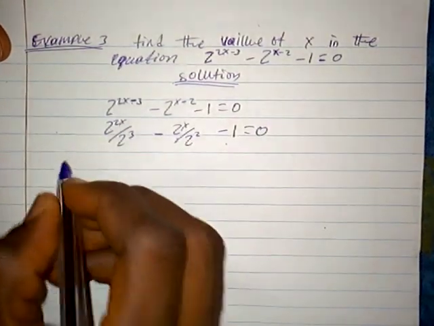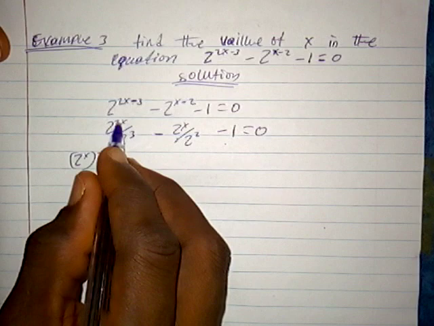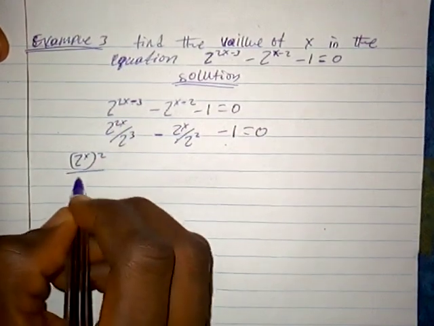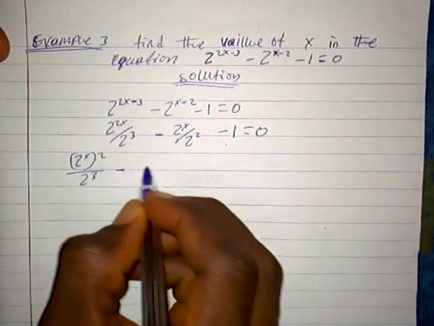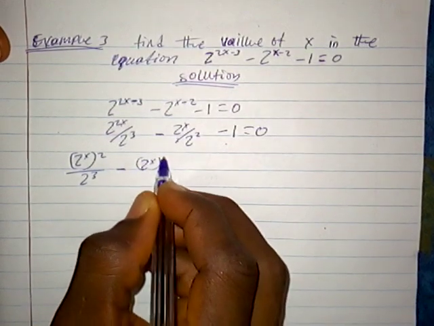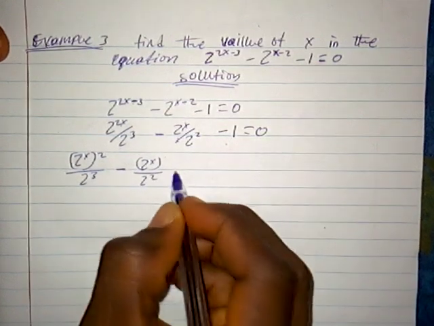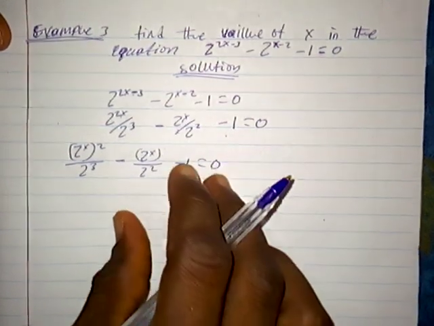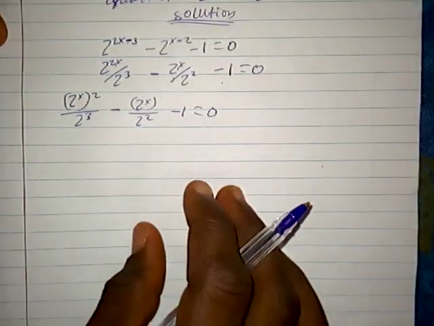Now we say 2 raised to the power x in brackets, squared, see this power 2 is outside the bracket, divided by 2 raised to the power 3, right? Minus 2 raised to the power x, of course there's no number, divided by 2 raised to the power 2, minus 1 equals 0.